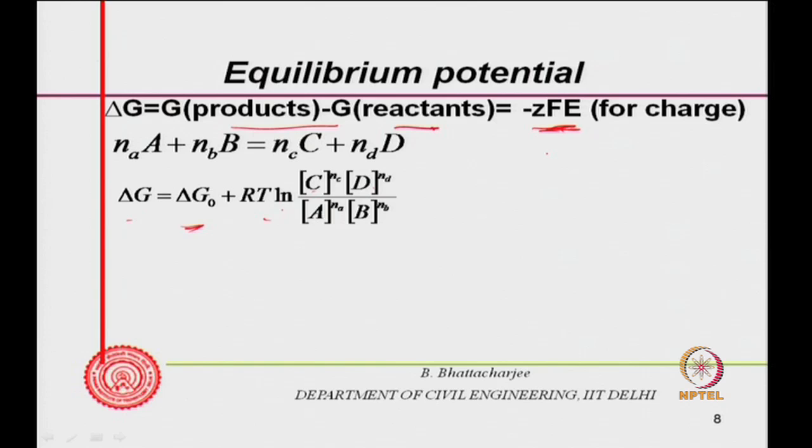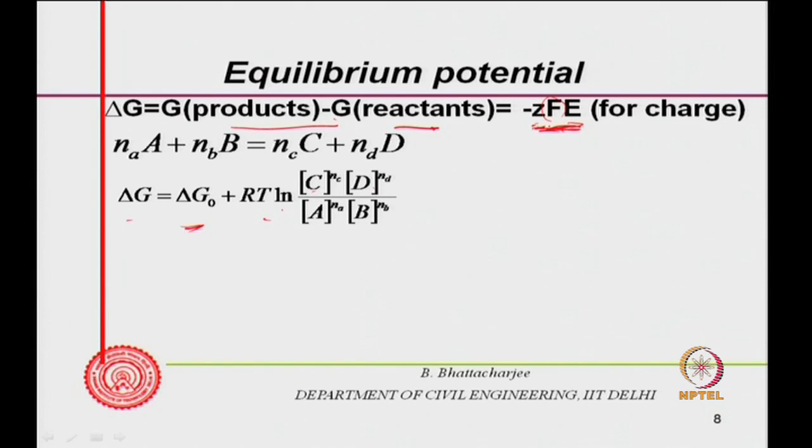You remember the potential is basically the energy per charge, and Z is the number of electrons transferred, or the valency of the species taking part in an electrochemical reaction. F is the number of coulombs of charge associated with 1 gram mole; this G is associated with 1 mole.